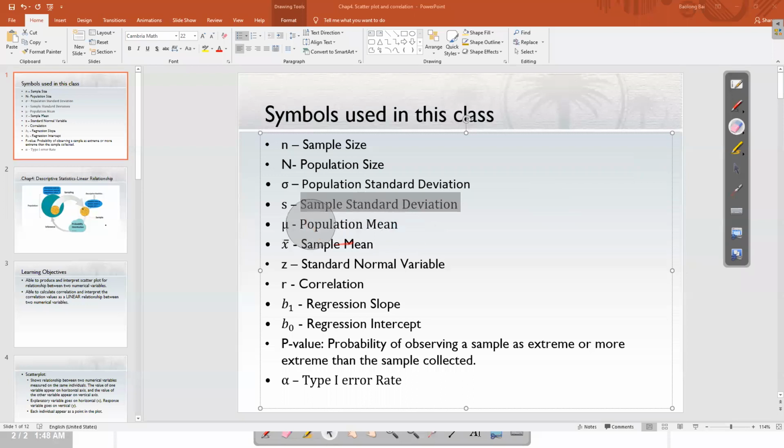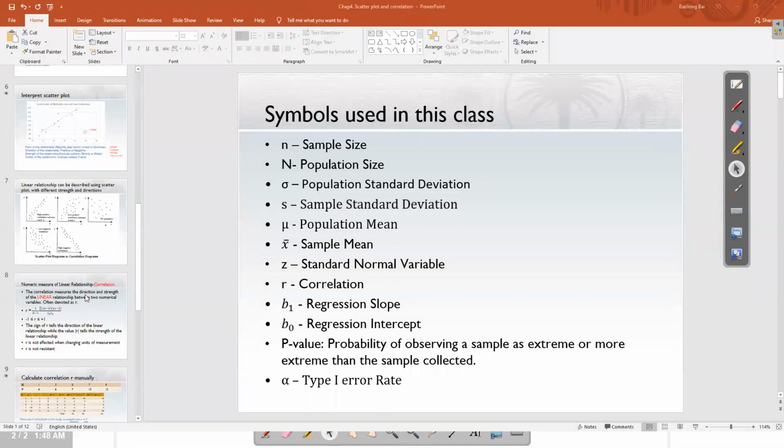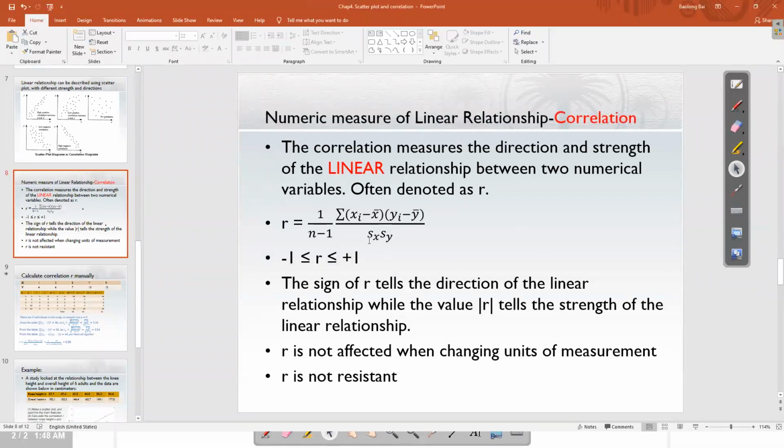You need to understand all the symbols so that you can read the formulas correctly. And x and y are the two variables we're trying to study. You're studying the relationship between variable x and variable y.